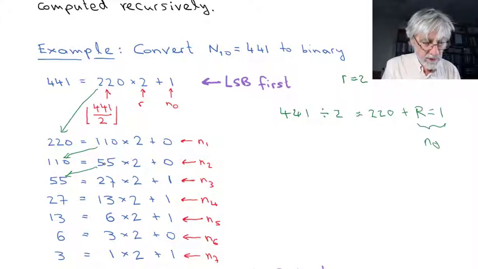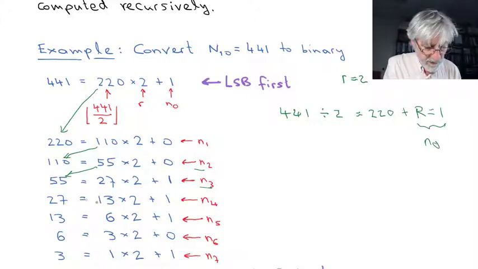That gives us 55 with a remainder of 0, so that gives us n2. Then we take 55, and divided by 2 that gives us 27 plus a remainder of 1. And because the remainder is 1, n3 is going to be equal to 1. And we continue this way.